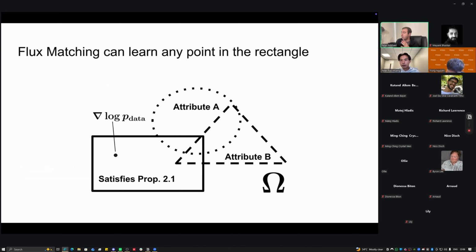How do you know what it is at the point of inference? Do you learn just one vector field, or have you learned all of them? Again, this is an ill-posed problem. There are many vector fields that satisfy the flux matching law, so your model could be learning any point, and you don't really know unless you add constraints.